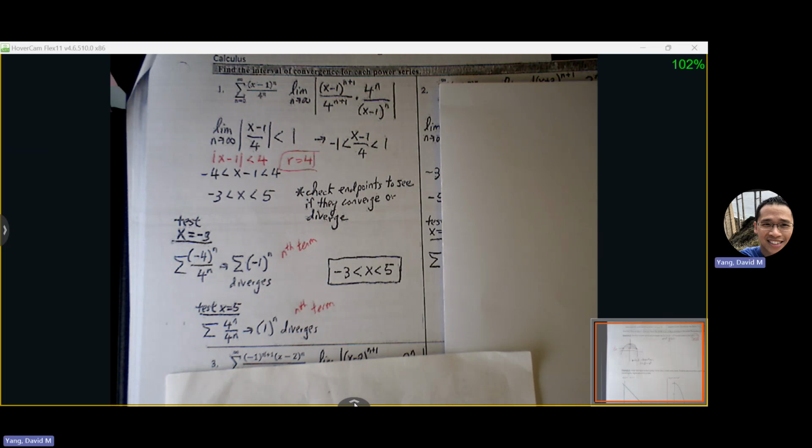Sorry? Why can't we just leave it at less than 1 there? There's a 4 that remains, so we need to bring that 4 over to get the true radius. So that's my radius, that's my center, and then from there I can filter down.